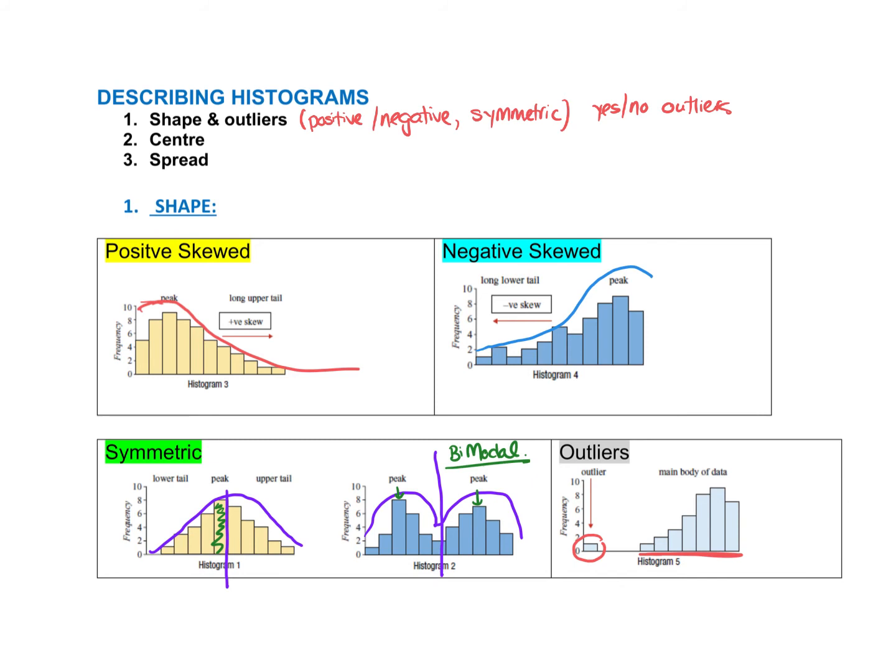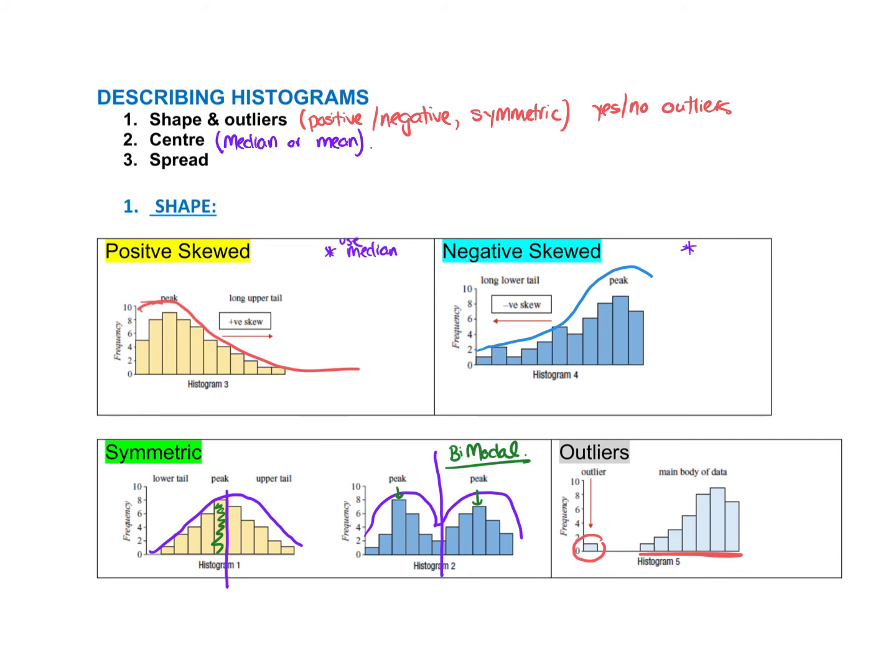So that's that. Now, you'll be asked later to talk about the center, and that's where we either talk about the median or the mean. We might just pop on our notes here, if you like. On skewed data, we would talk about the median, so maybe use the median.